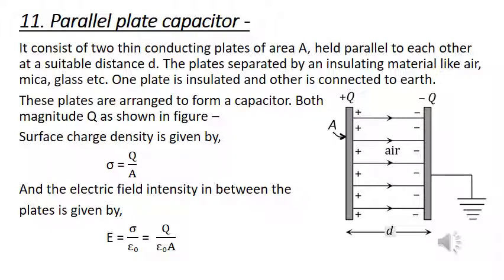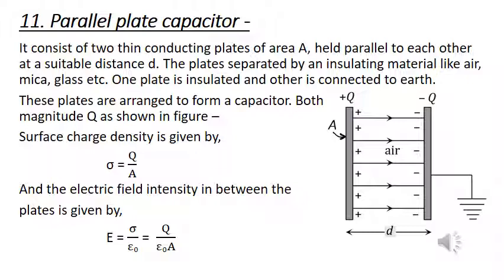It consists of two thin conducting plates of area A held parallel to each other at a suitable distance d. The plates are separated by an insulating material like air, mica, glass, etc. One plate is insulated and the other is connected to earth.